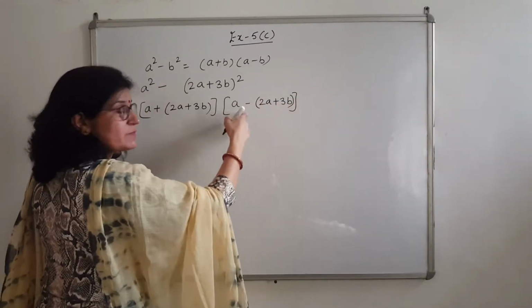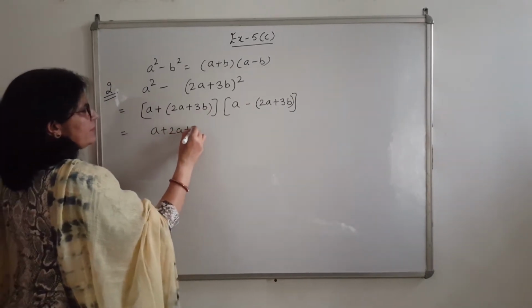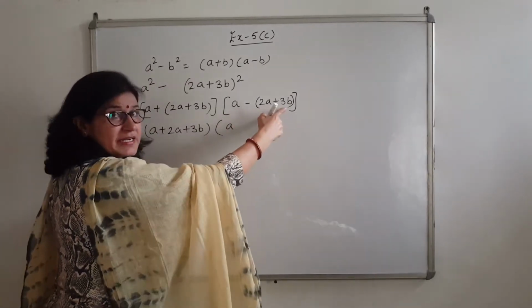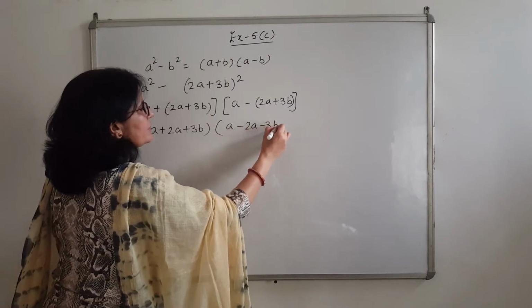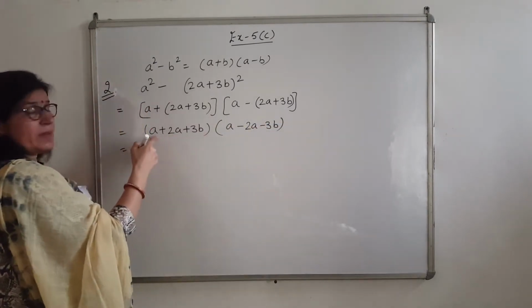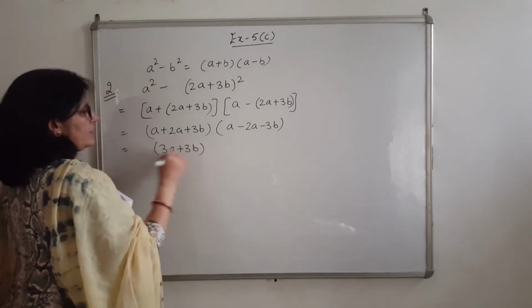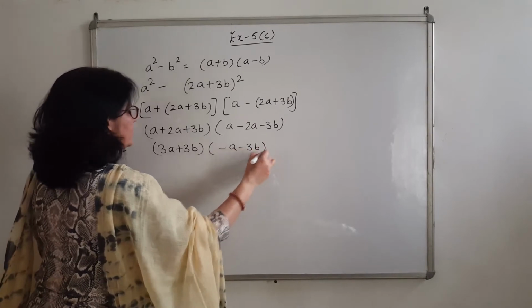Now we solve these brackets. a plus 2a plus 3b. Here we get a, and this minus will be multiplied with both the terms, minus 2a minus 3b. 2a plus a is 3a, so 3a plus 3b into minus a minus 3b.